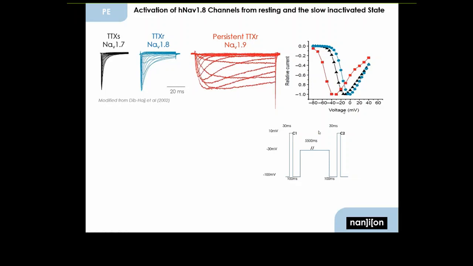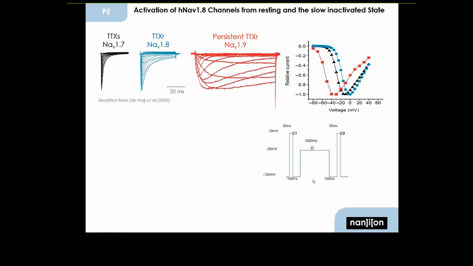So together with Evotec, we designed a protocol where we could access not only activation from the resting state, but also activation from an inactivated state. We achieved this by trying several things, and in the end, we found that this protocol worked well with a 5.5 second depolarization to -30, and then again an activation to +10 millivolt.